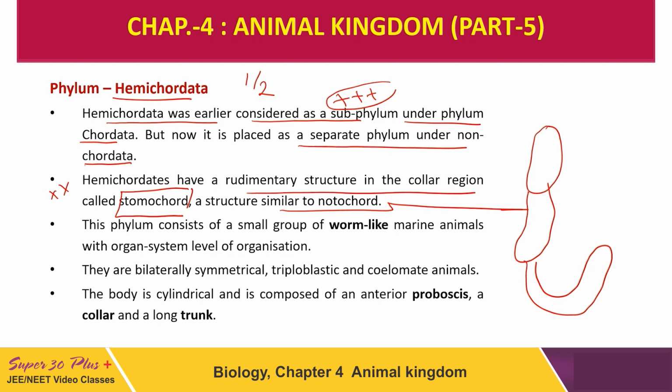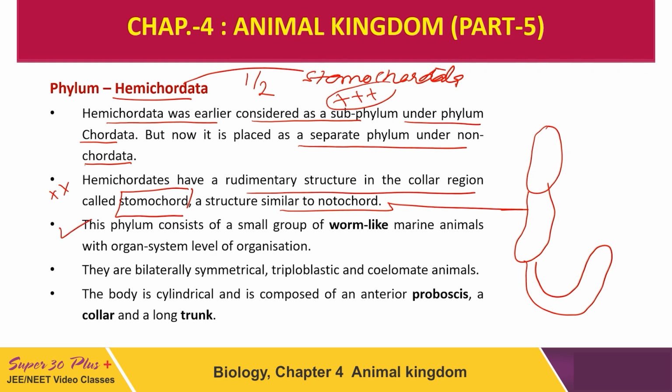Important question again: stomochord is found only in Hemichordata. It is a notochord-like structure, but truly this is not notochord. Therefore, Hemichordata can be called stomochordata. Stomochord has a different origin from notochord.